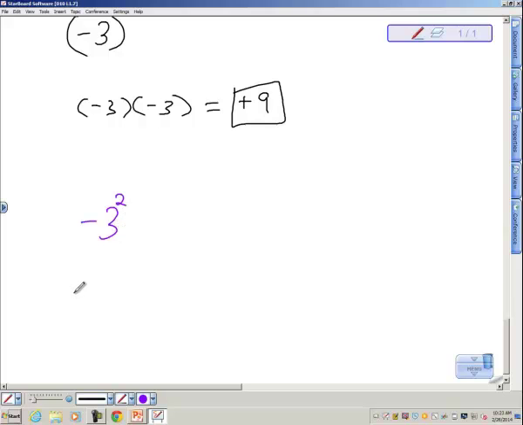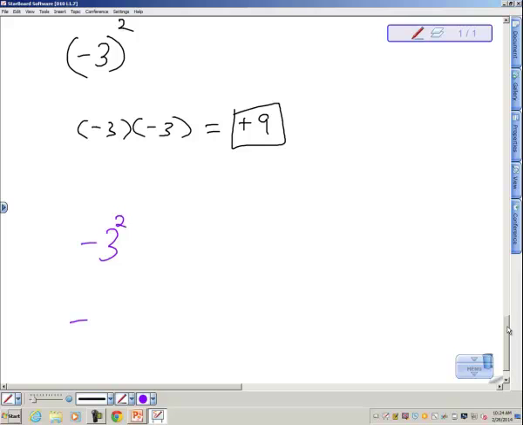The 3, right. The negative doesn't matter. You're just squaring the 3 because the negative is not in parentheses. So you don't square the negative, you just square the 3. And so this will be a negative 9.